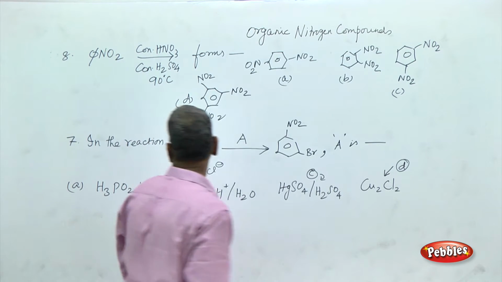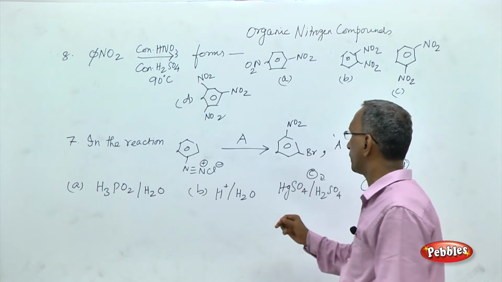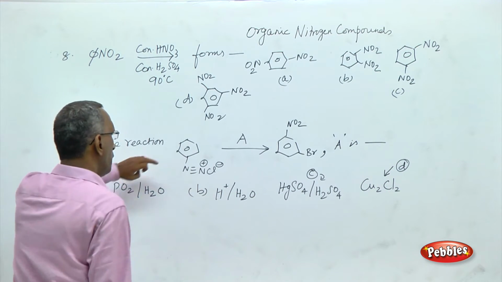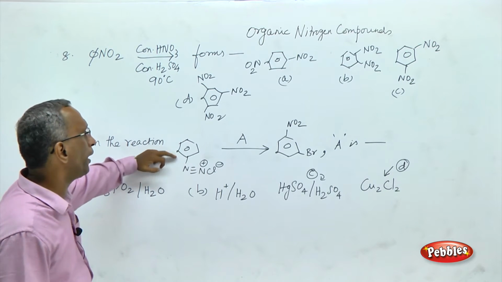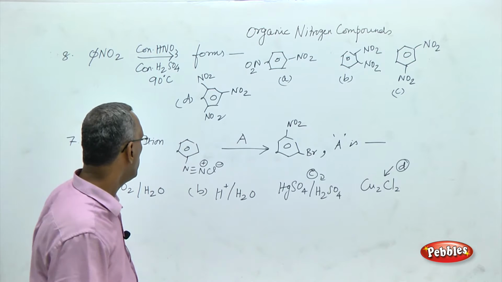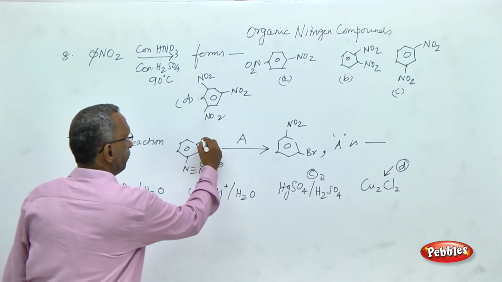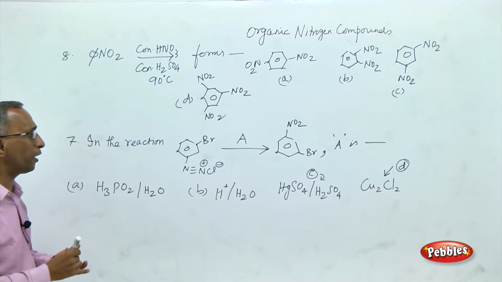Now the 7th question. In the earlier questions reaction products were asked; here the reagents are asked. In the reaction, benzene diazonium chloride gives rise to meta-bromobenzene diazonium chloride. This is the meta product.